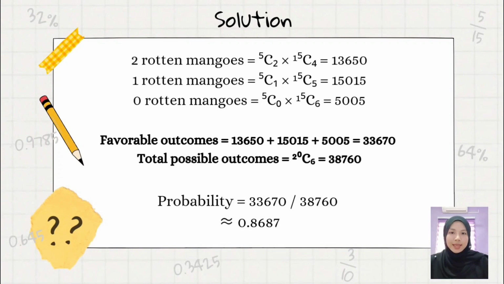The probability is 33,670 divided by 38,760, and we get 0.8687. Hence, the probability that the man gets not more than 2 rotten mangoes is approximately 0.8687.